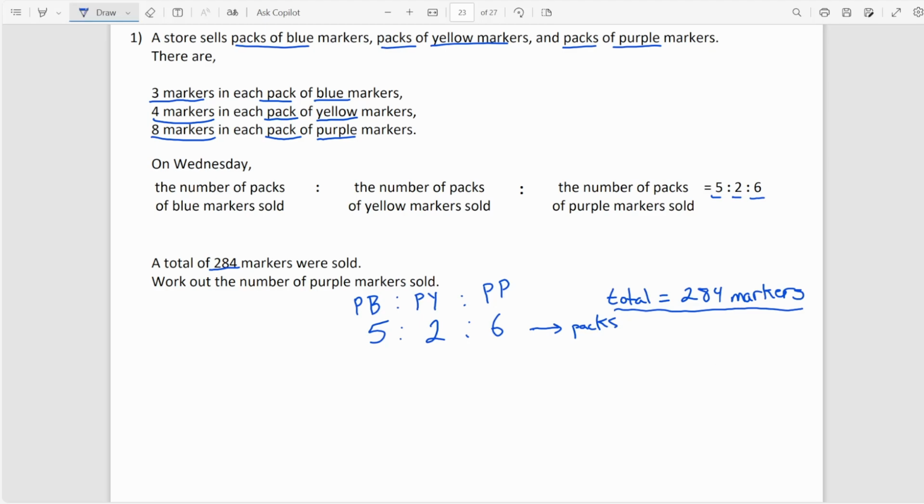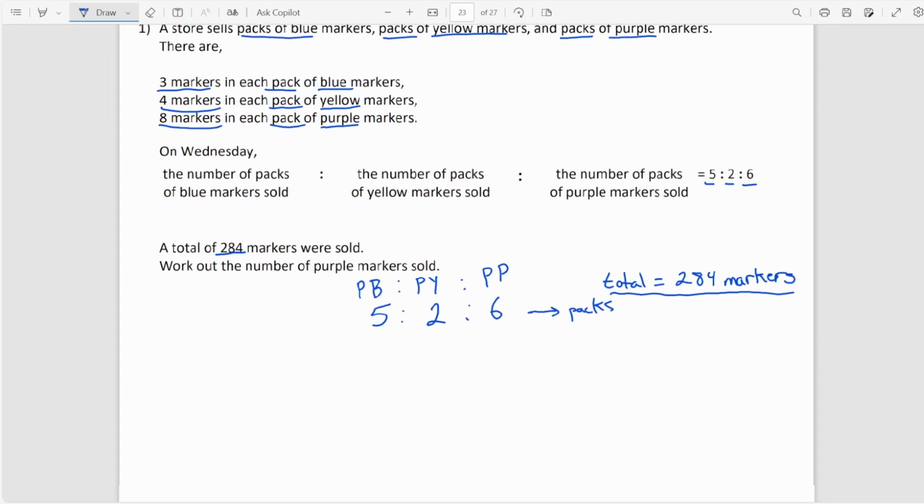So I can't use this total with this ratio. I hope this makes sense. Now, how will I use this total with this ratio? I need to change this ratio so that instead of representing packs, it should represent the actual markers.